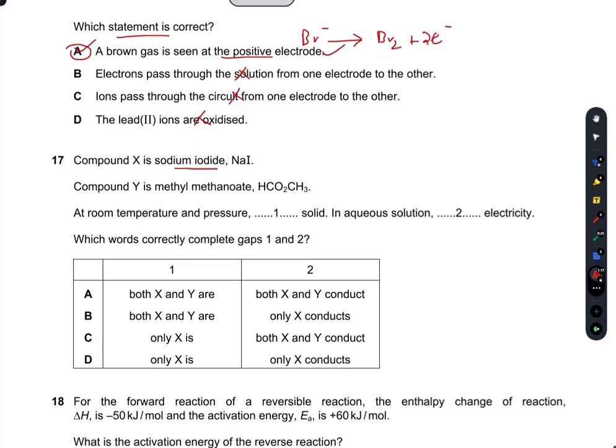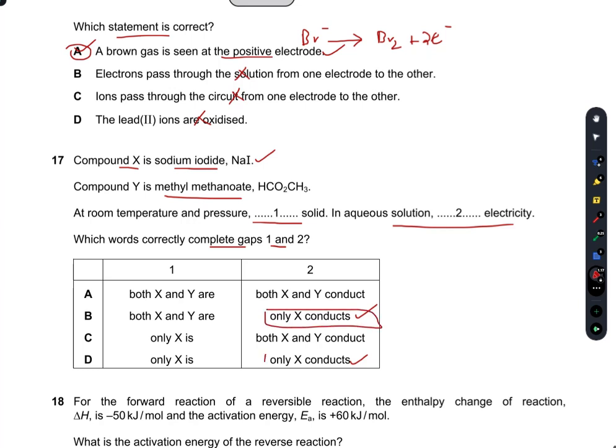Compound X is sodium iodide. Compound Y is methyl methanoate. At RTP, 1 is solid, and in aqueous solution, 2 conducts electricity. Which row correctly describes gaps 1 and 2? Sodium iodide is an ionic compound, so it will definitely conduct electricity. It is compound X, so compound X conducts, whereas methyl methanoate is an organic compound which in most cases does not conduct electricity, so only X conducts.